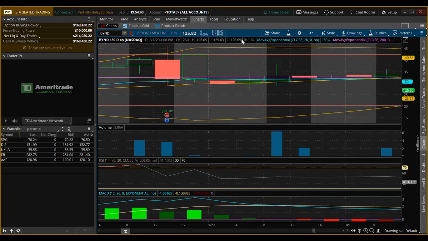So if you look at this, I'm sure there's more stuff in here, but this is post-market. The last 4 hours of post-market, it pushed up about $12.